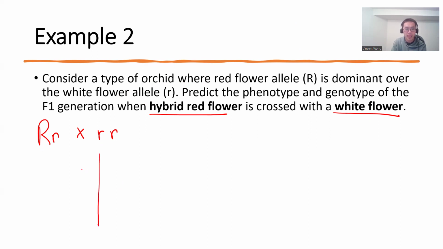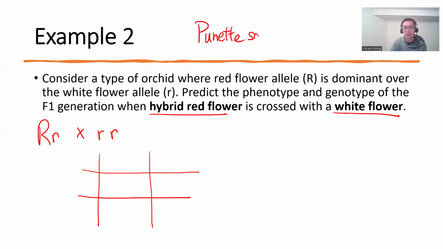So we can go ahead and set up this chart. This chart is called a Punnett square. It just helps you keep track of the gametes, okay? So put it here. The big R and the small r will separate.